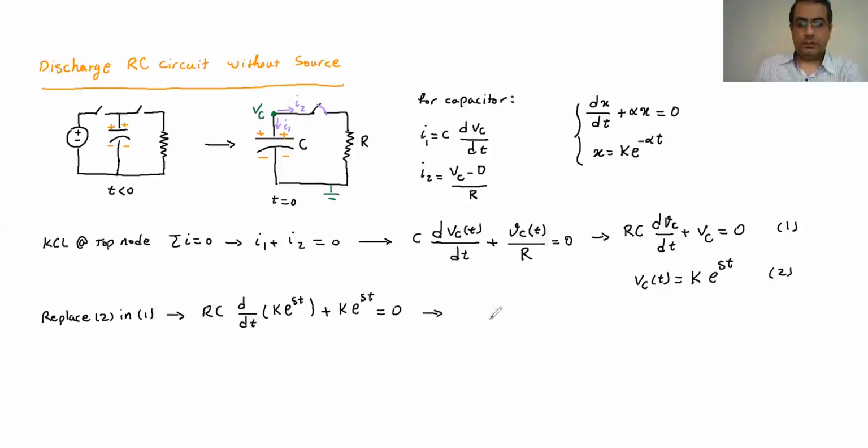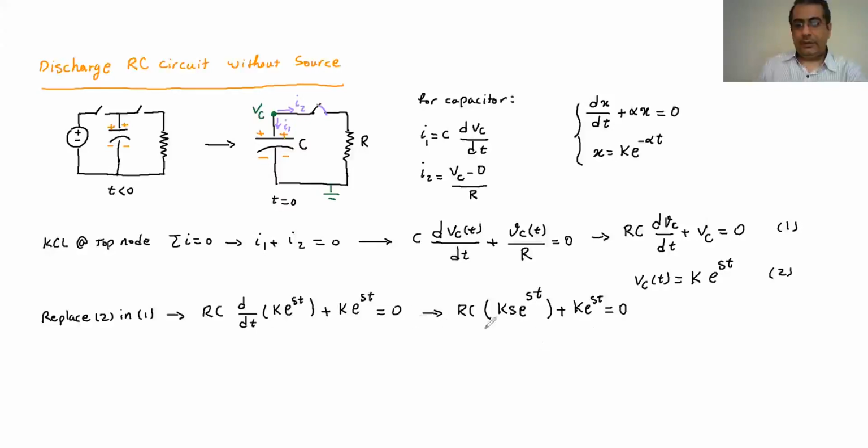If I go ahead and solve it, it's going to be RC, and for this part, if I do the differential here, it's going to be K S e to the power of ST, and for here it's going to stay the same, so K e to the power of ST is going to be 0.